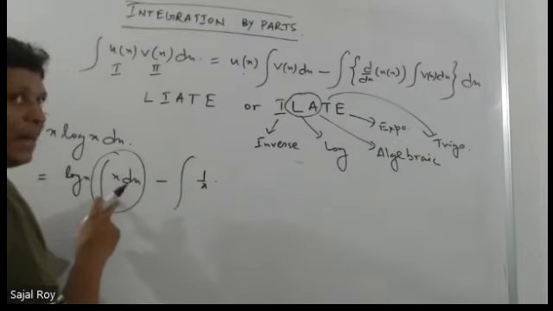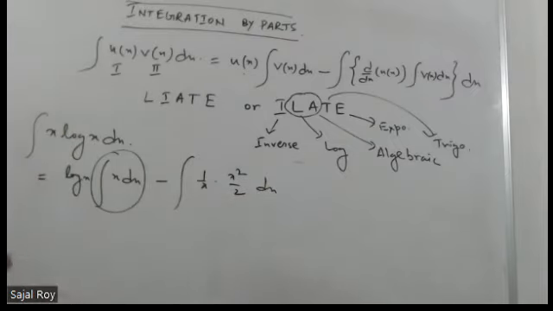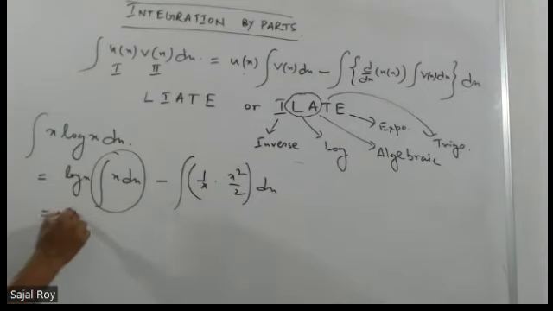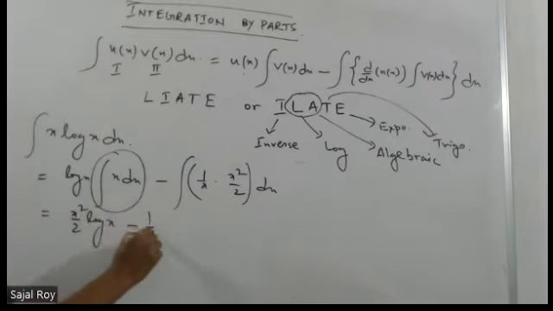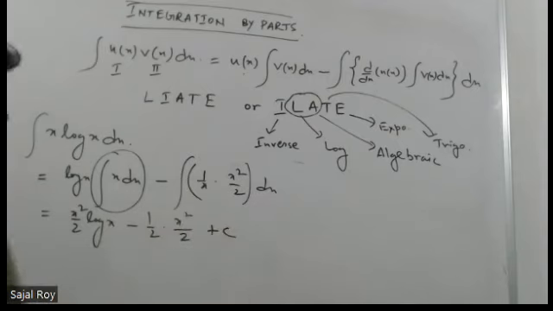That is going to be x square by 2, and on the result you have to do the integration with respect to x. So that is x square by 2 log x minus half, x cancels, again you have integration of x, which is x square by 2, plus C. That will be your expression.